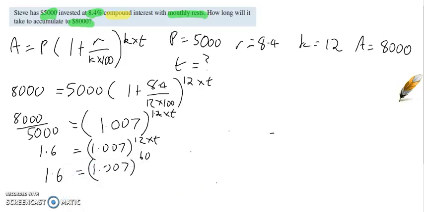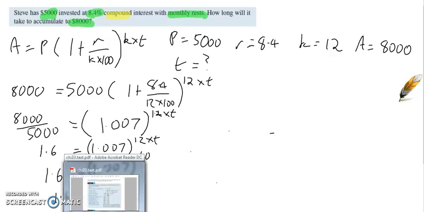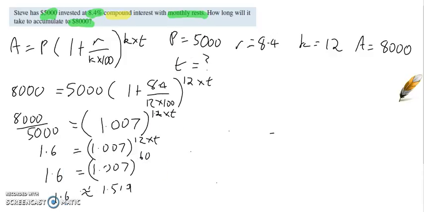I've got 1.6 doesn't quite equal 1.519. Alright, so my first one, not quite there. So I know that the power of 60 didn't work, so let's try something different. Rather than try 5 years, let's try 6 years.